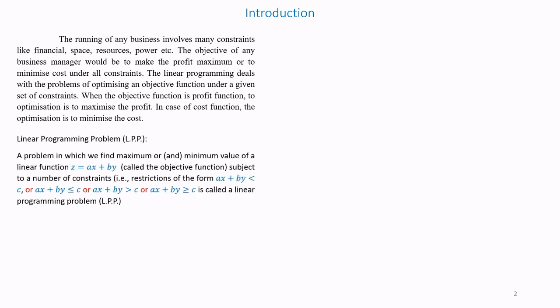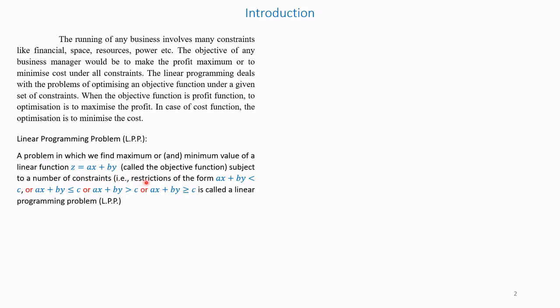Linear programming problem. A problem in which we find the maximum or minimum of a function given by the relationship z is equal to ax plus by, called the objective function. That is, z is equal to ax plus by is called the objective function, subject to a number of constraints.